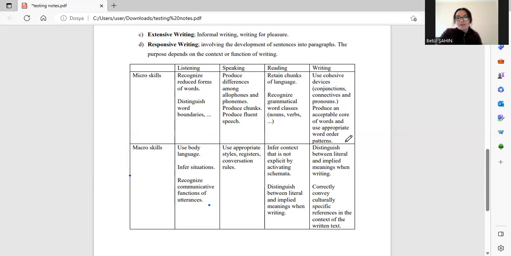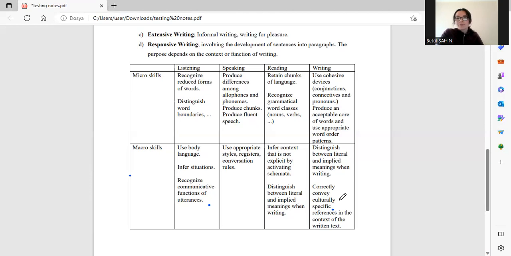Appropriate word order patterns also. But reading macro skills: infer context that is not expressed by activating schemata. Schemata means background information. And macro skills writing: distinguish between literal and implied meanings when writing.